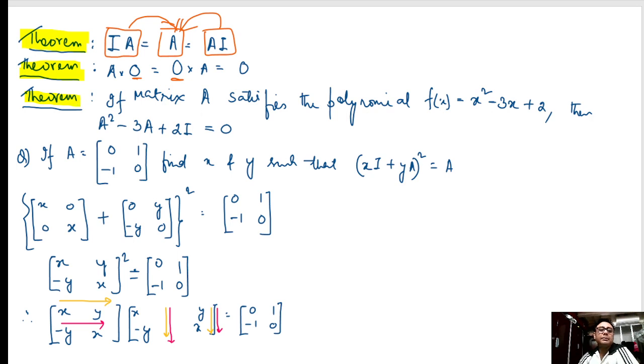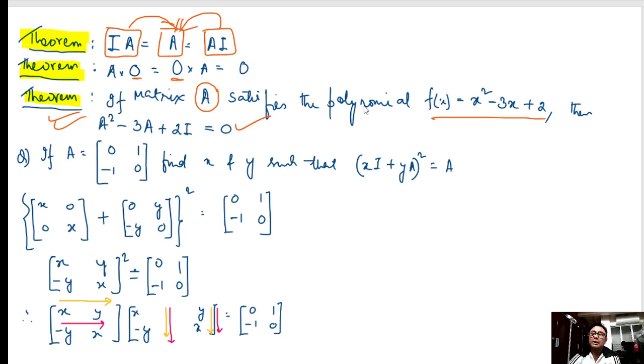The next theorem says that if matrix A satisfies the polynomial, that is, if there is a matrix A which is a solution of this equation, how do we write it? Please note. In place of X, we put the matrix A, because A is a solution of this equation, and we can write it like this.